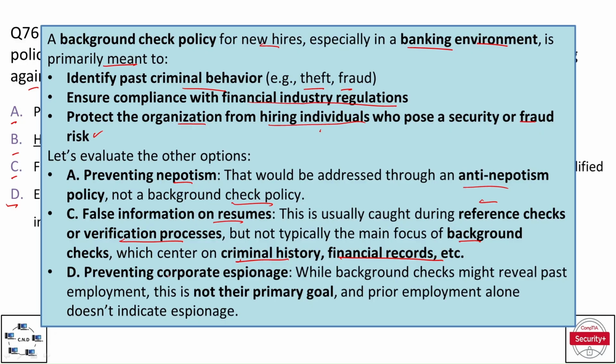And option D, preventing corporate espionage. While background checks might reveal past employment, this is not their primary goal, and prior employment alone does not indicate espionage.